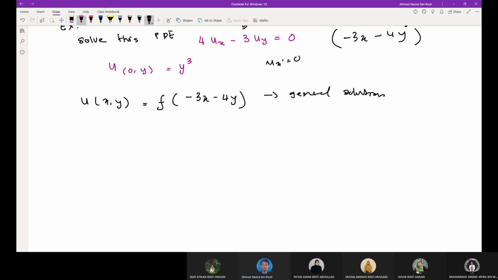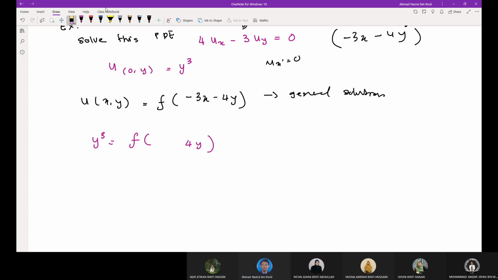And to make this, y3 is equal to f minus 3 minus 4y. But for this function is x equal to 0. Sorry. So it means that this one also equal to 0. So you have here f, function of f, 4 minus 4y.